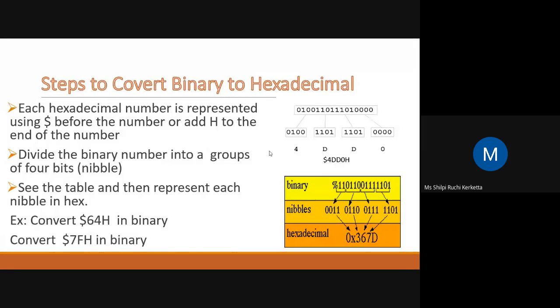Because 1 has a value, but 0 doesn't have a value before any number. After a number, it has a value. Like after any digit, like after 1, you put a 0, then it becomes 10. But before a number, it doesn't have any value. That's why we are putting a 0.